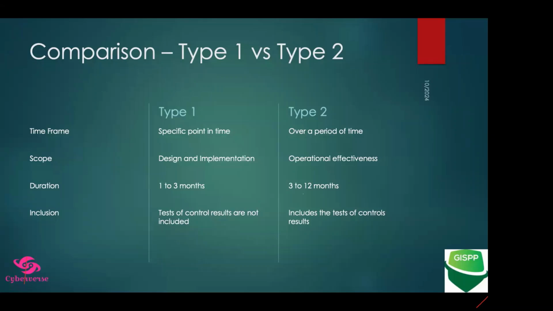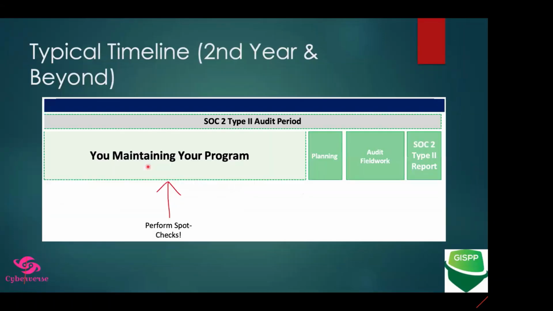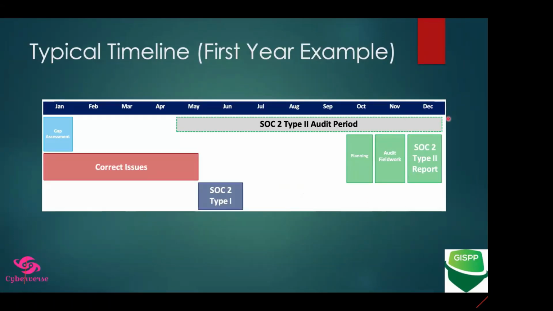In 2 hours we can write an ISO 27001 report. For a SOC 2 report, it takes ages basically. For ISO 27001 you don't need this much time, but here we need time for report writing. Sometimes it takes 2, 3, 4 weeks to write the report only.